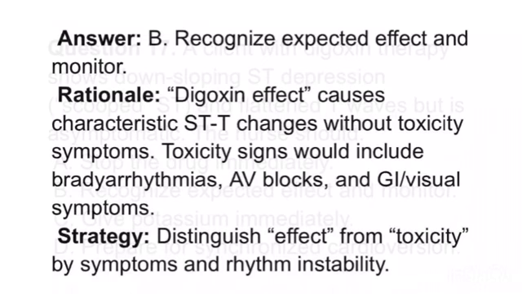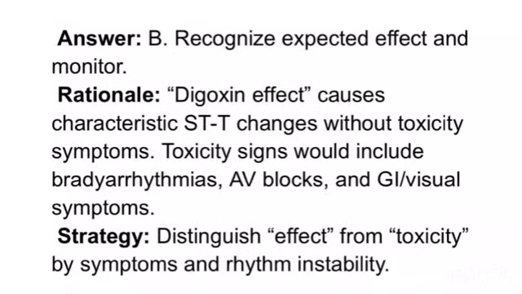Answer: B. Recognize expected effect and monitor. Rationale: digoxin effect causes characteristic ST-T changes without toxicity symptoms. Toxicity signs would include bradyarrhythmias, AV blocks, and GI/visual symptoms. Strategy: distinguish effect from toxicity by symptoms and rhythm instability.